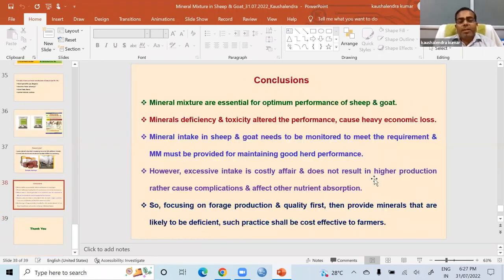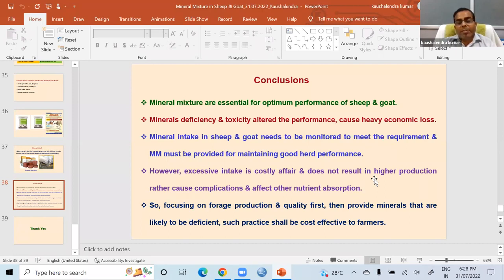Finally, I conclude our presentation: mineral mixtures are essential for optimum performance of sheep and goat. Mineral deficiency and toxicity alter performance and cause heavy economic loss to farmers.